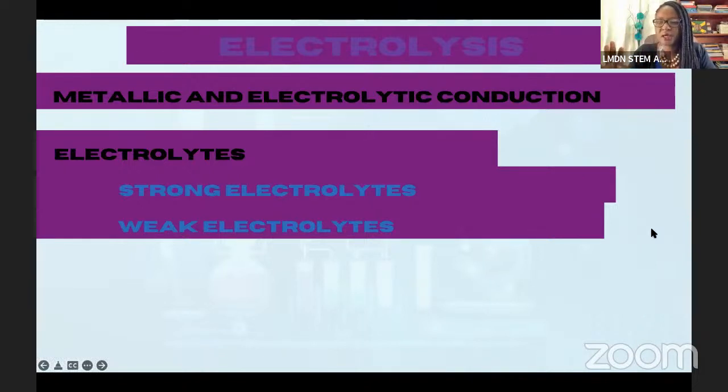What you were taught is that metallic bonding arises when there are delocalized electrons. They're positive ions, or cations, in a sea of delocalized electrons, right?